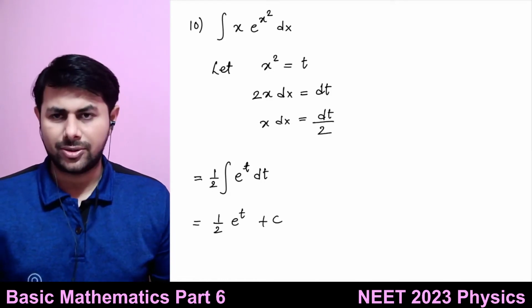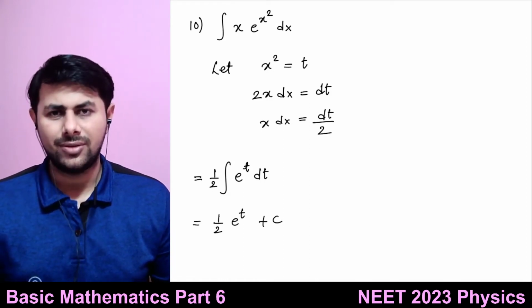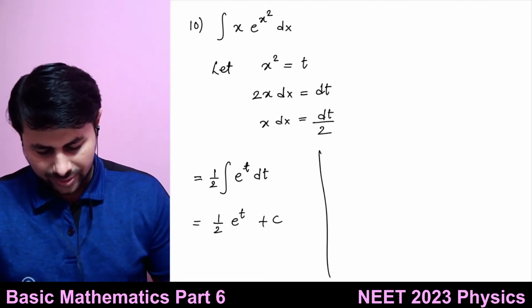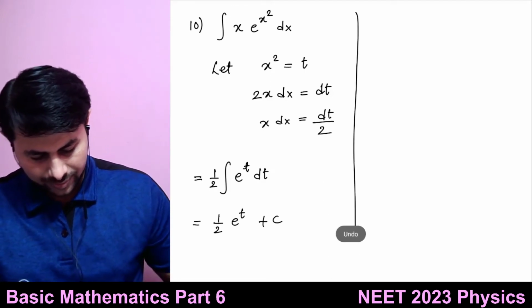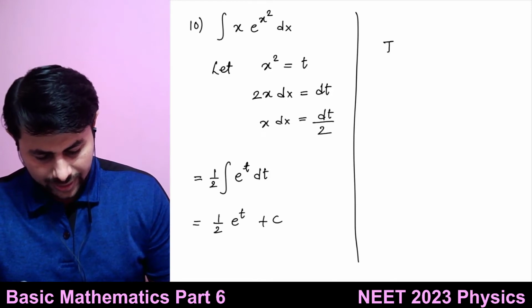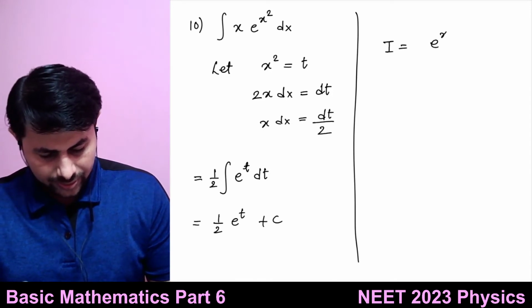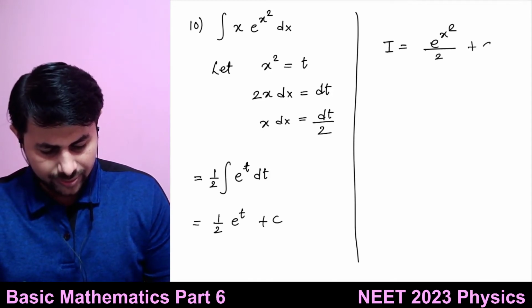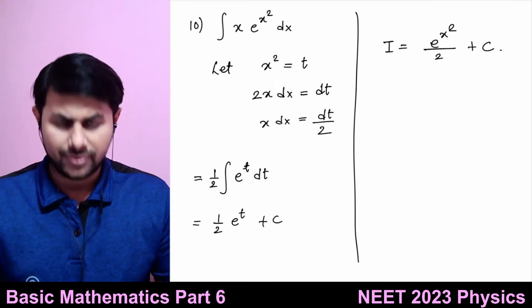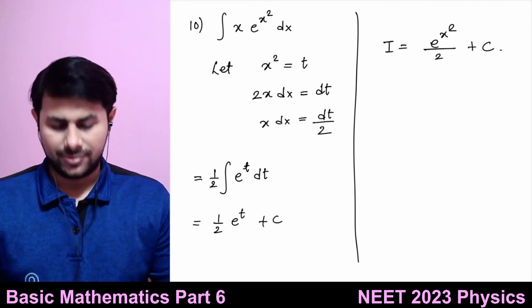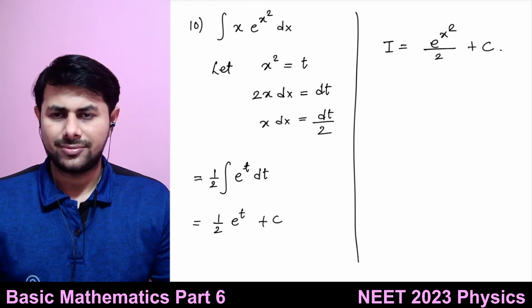And now let's substitute t, which is equal to x square. So I get I equals e raised to x square divided by 2 plus c. Okay, very simple, right? Yes, sir.